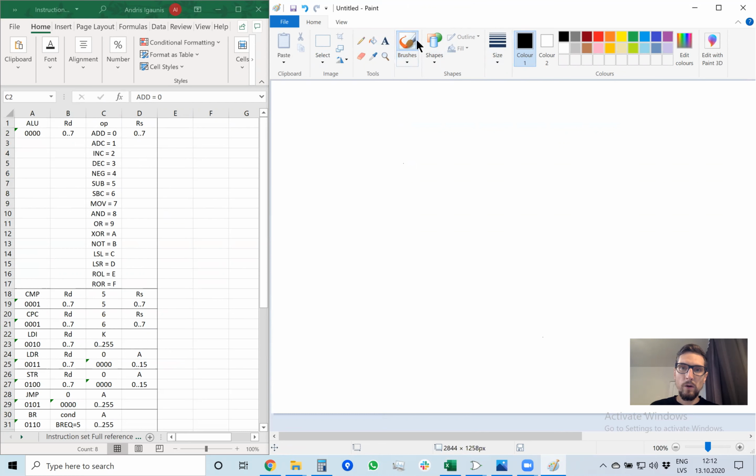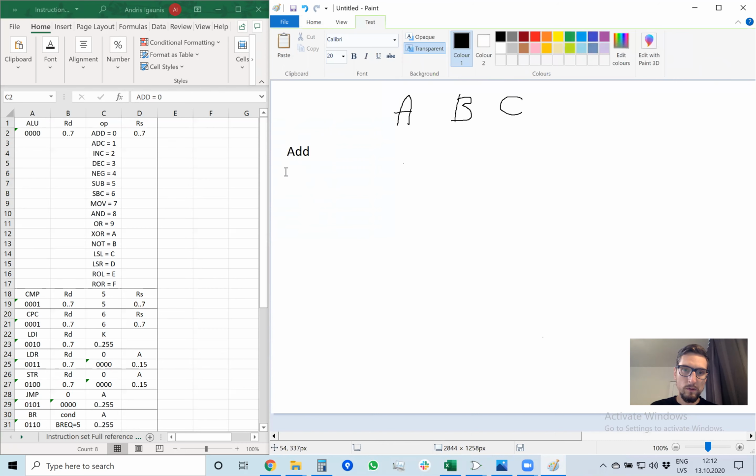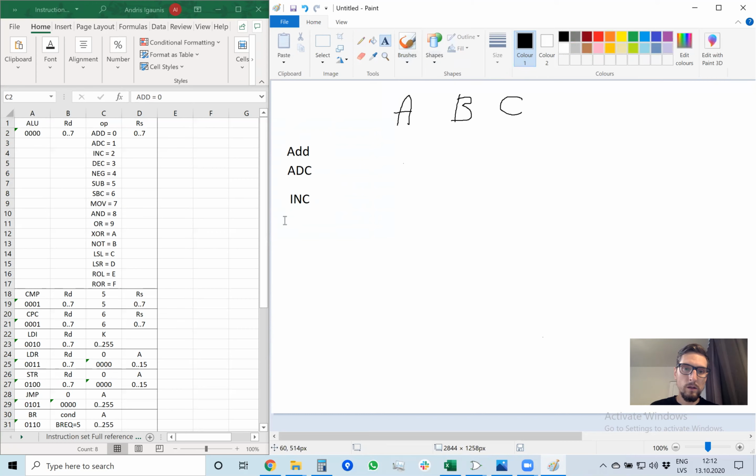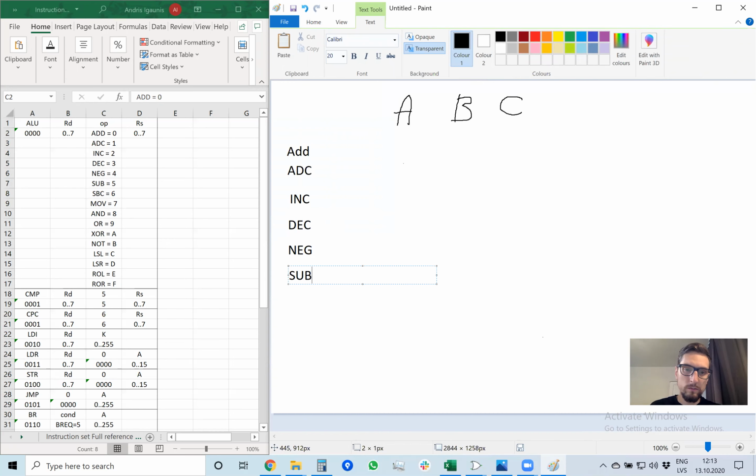What we want to do is perform the functions add, add with carry, increment, decrement, negate, subtract, subtract with carry, SBC, and move.